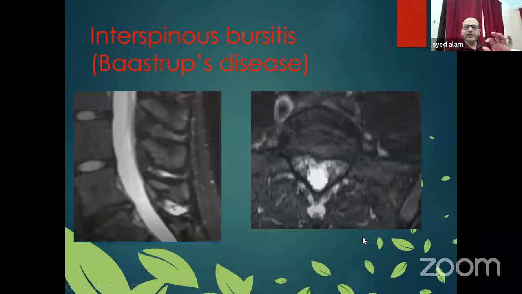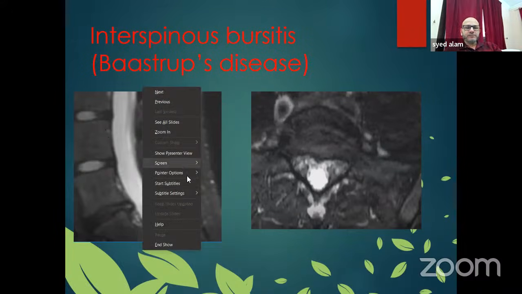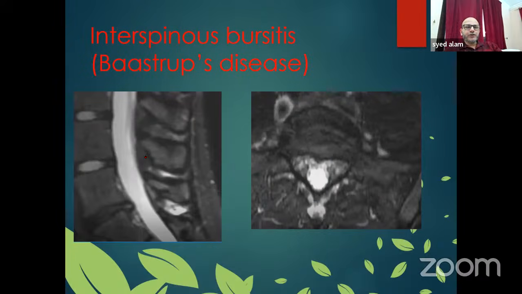The three remaining are very nice, interesting cases. So this is the neural spine, and in between the neural spines there is fluid or edema. We call it interspinous bursitis or Baastrup disease. Those patients who have lumbar lordosis develop this Baastrup disease or interspinous bursitis.